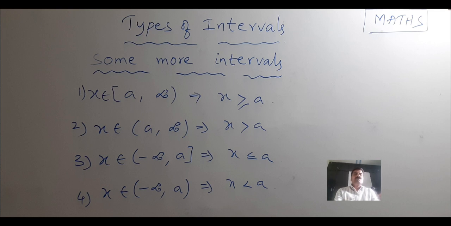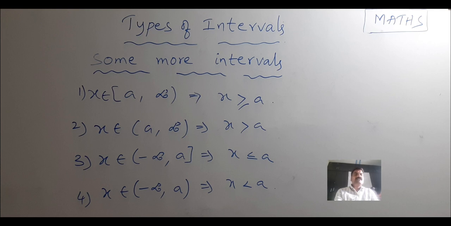Look here, the first interval: if x belongs to closed interval a comma infinity open, the meaning is x must be greater than or equals to a. Hence all the values which are greater than or equals to a can be treated as x.